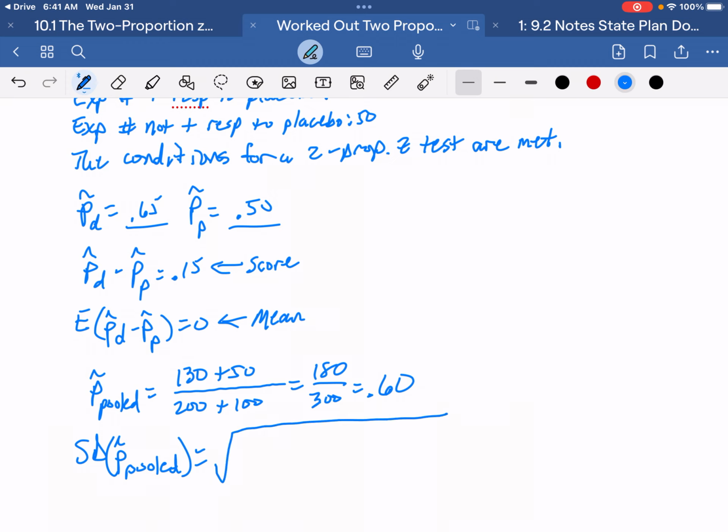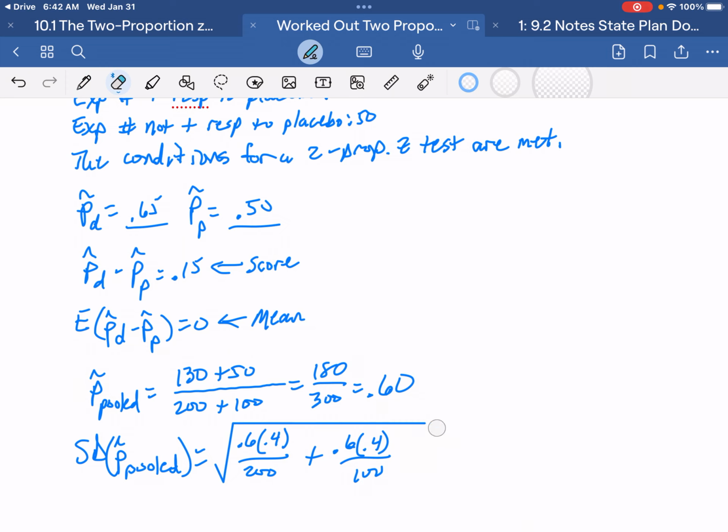It's the great big old square root. You take p-hat pooled times 1 minus that, divided by the 200 for the drug group, plus p-hat pooled times 1 minus that, divided by the other group's size. It's not nearly as bad looking when there are numbers instead of the written words.